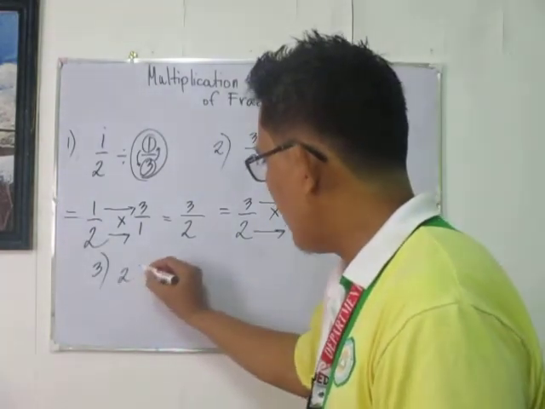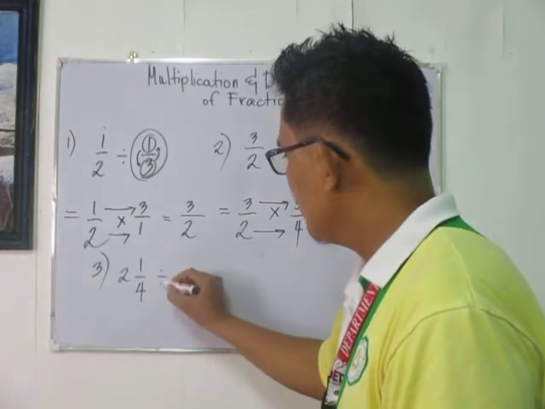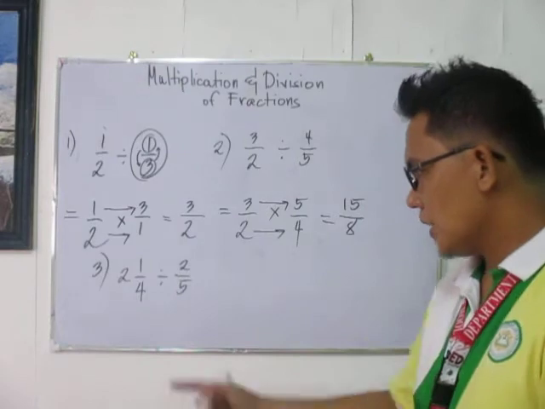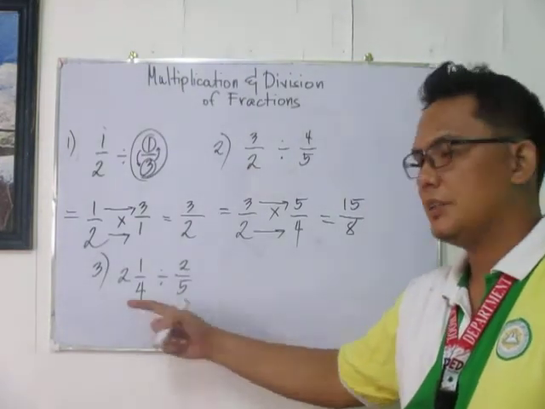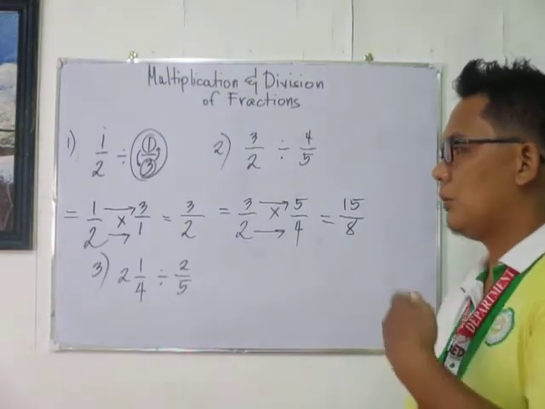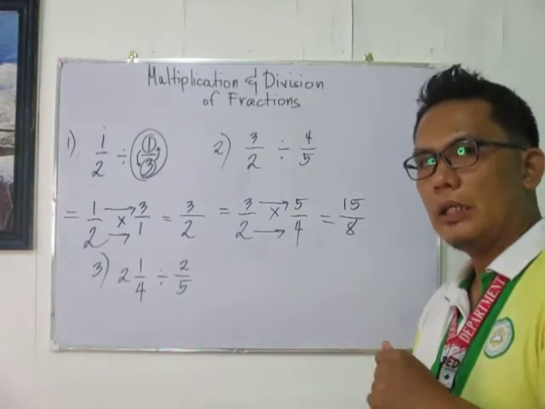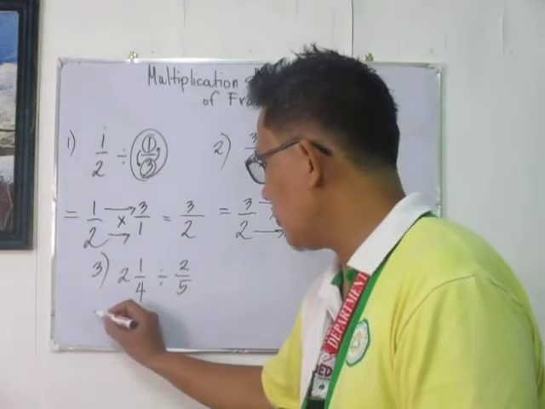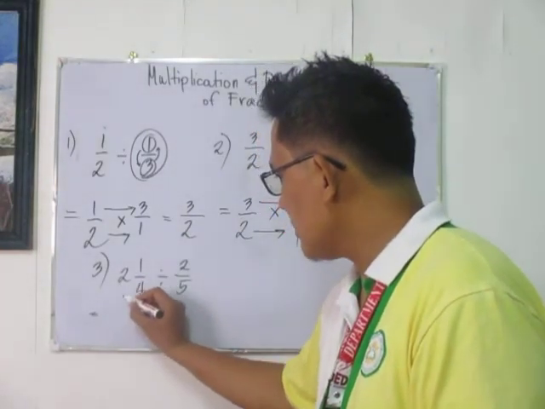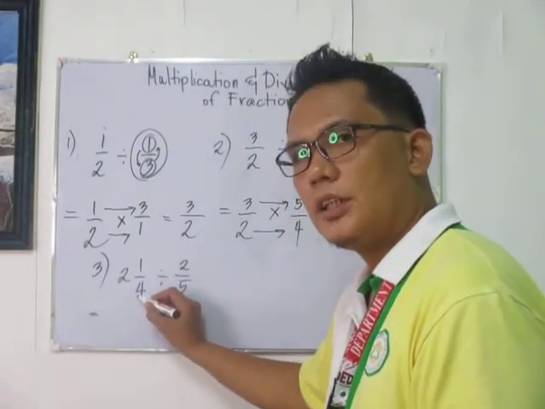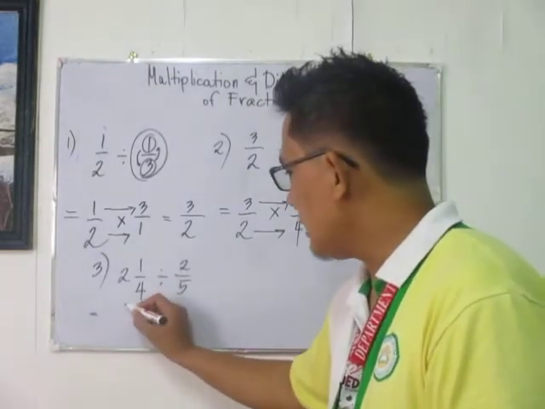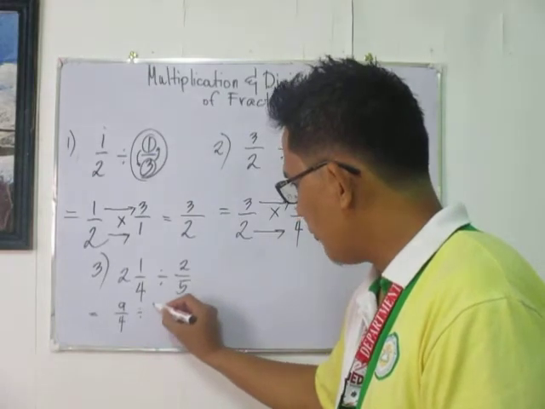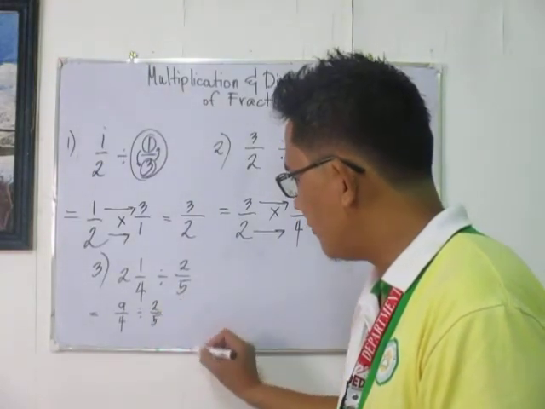So last 2 examples. Say for example, if we have 2 and 1/4 divided by 2/5. Since we have a mixed number here, the same as what we did in multiplying, we change that into an improper fraction. Changing this into an improper fraction, this becomes 2 times 4, 8, plus 1 is 9 over 4. Then just copy first, divided by 2 over 5.